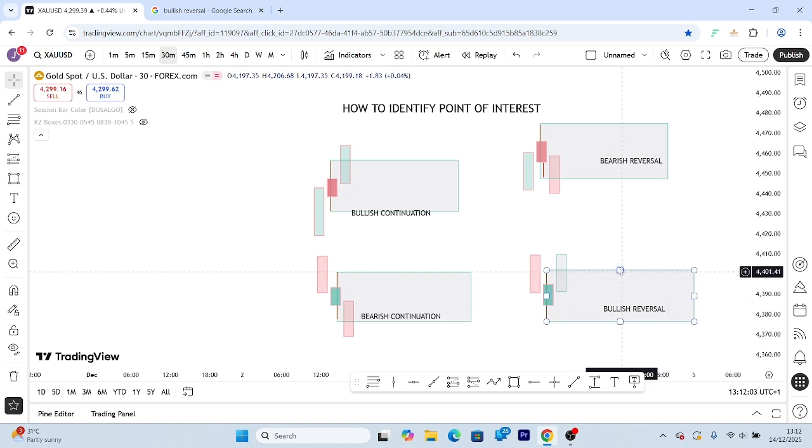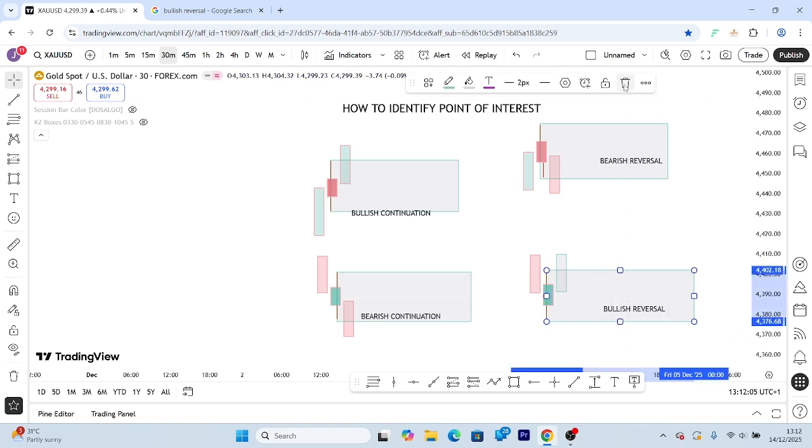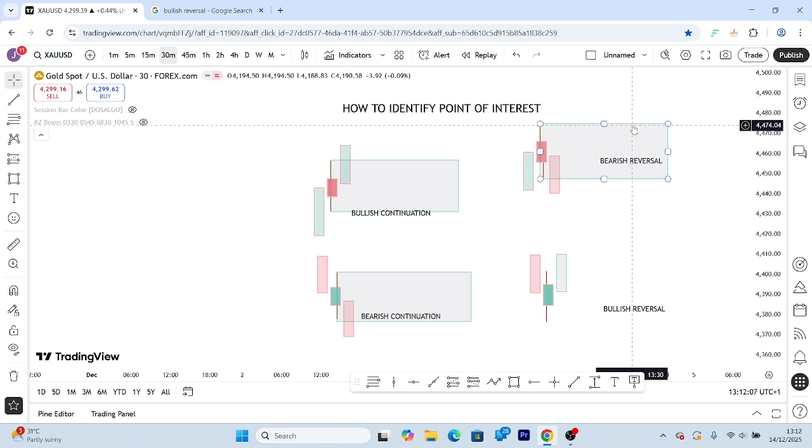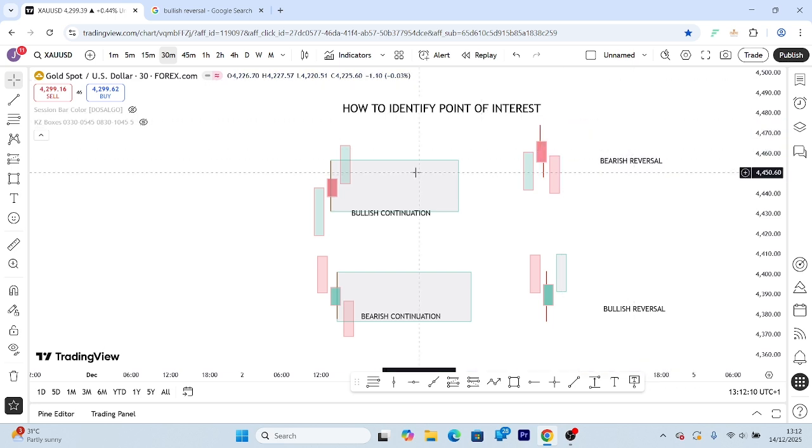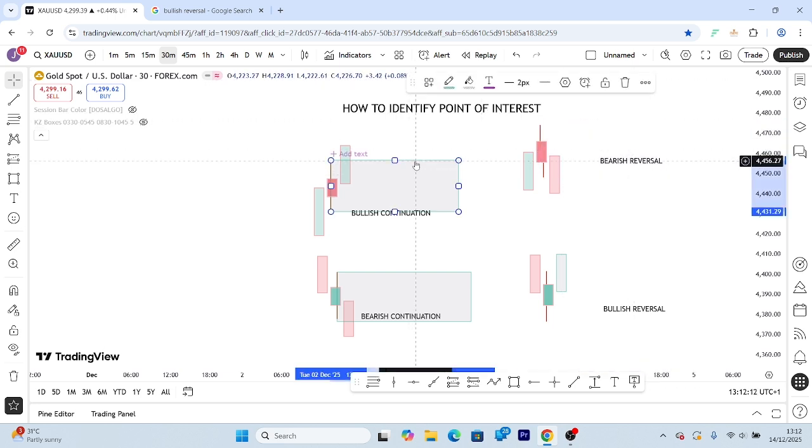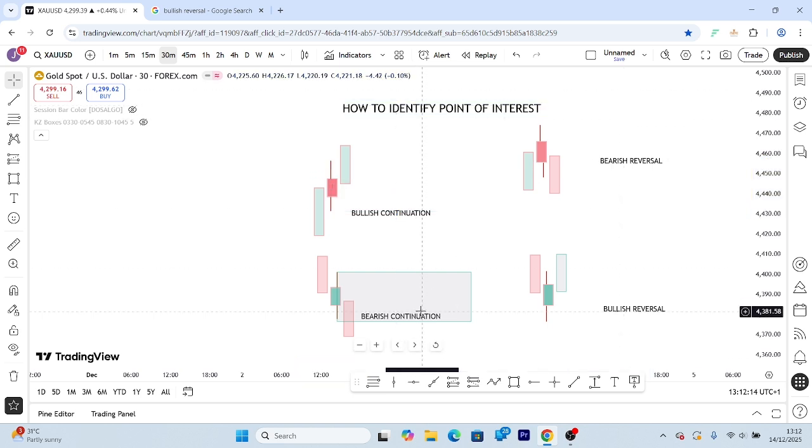So now, assuming in some scenarios, the wick is far longer than the body of the candle. Let me give you an example.